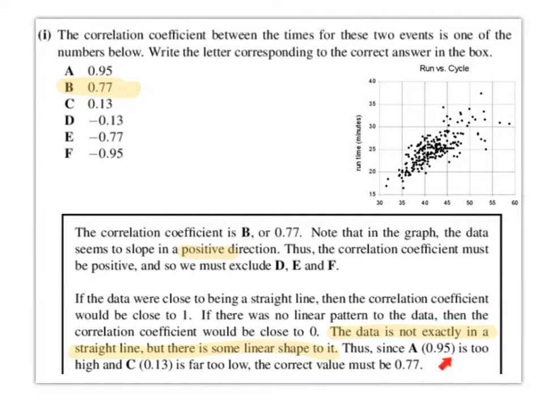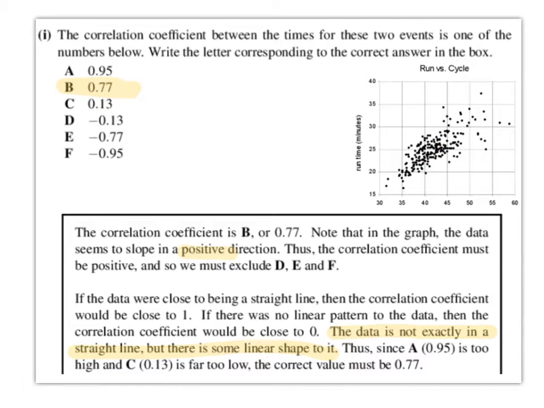Thus, A, 0.95 is too high, too close to 1, since 1 would be a complete straight line. And C, 0.13 is far too low, very close to 0. That would be where we barely see a line at all, but we can see there's a positive line that could fit in here.